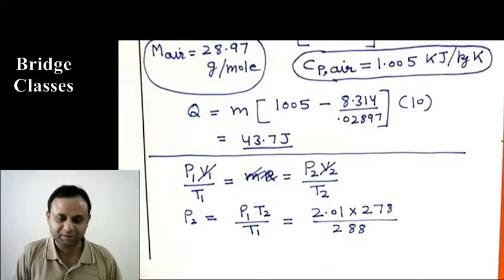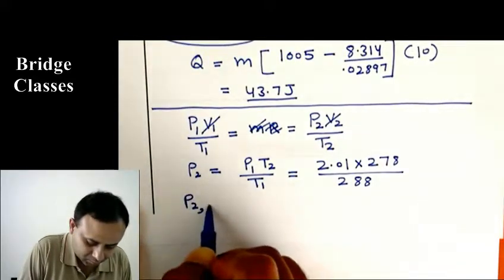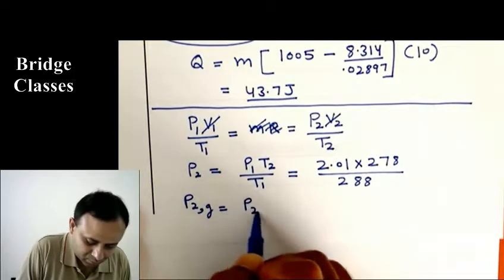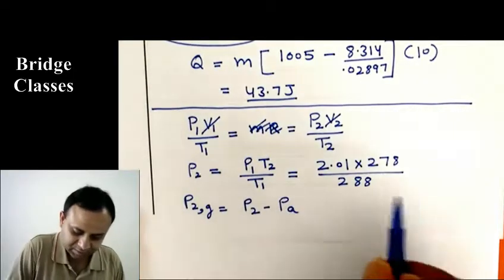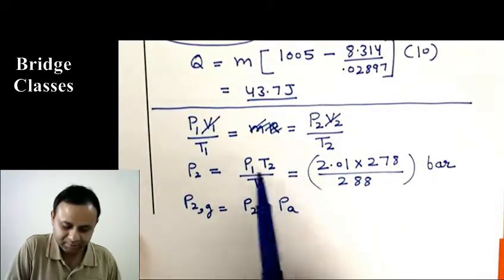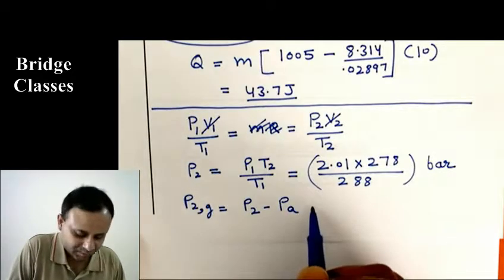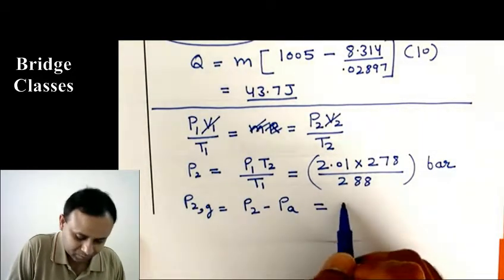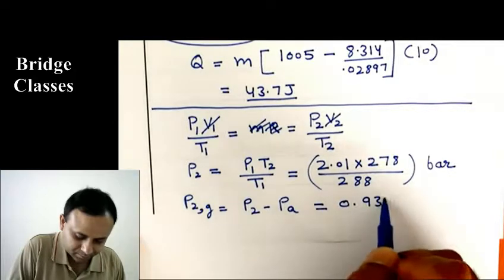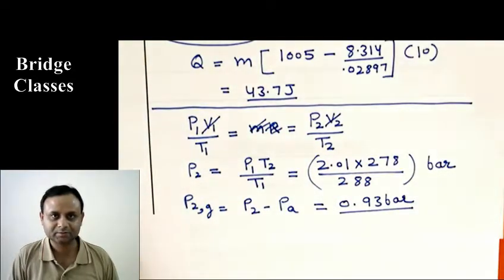This gives us P2, but we want P2 gauge. P2 gauge will be P2 minus atmospheric pressure. This answer is in bar, because I retained pressure P1 in bar, so minus atmospheric pressure 1.01 bar, you'll get 0.93 bar. So that is P2 in gauge.